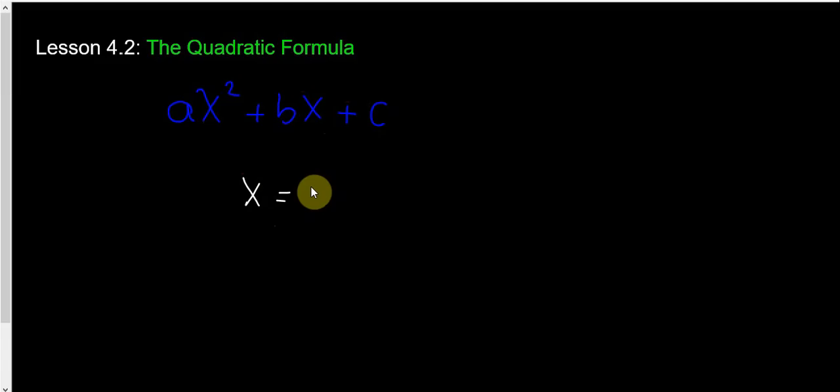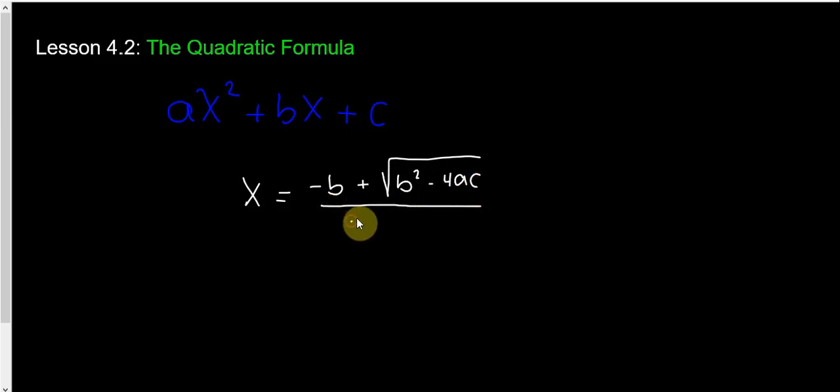Okay? You would get negative b plus the square root of b squared minus 4 times a times c, or 4ac, all divided by 2 times a. And the other solution would have only one slight difference.